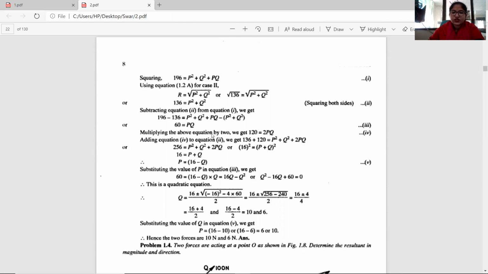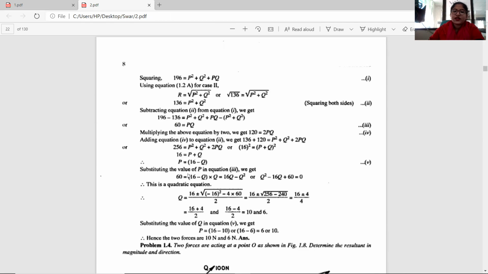Multiplying the above equation by 2, we get 120 equals 2pq. Adding this equation and the second equation, my value is 256 equals p square plus q square plus 2pq, or 16 square equals p plus q whole square. Then p is 16 minus q.